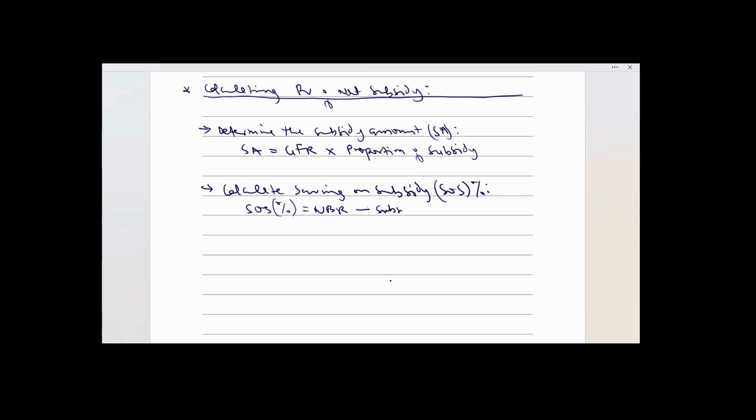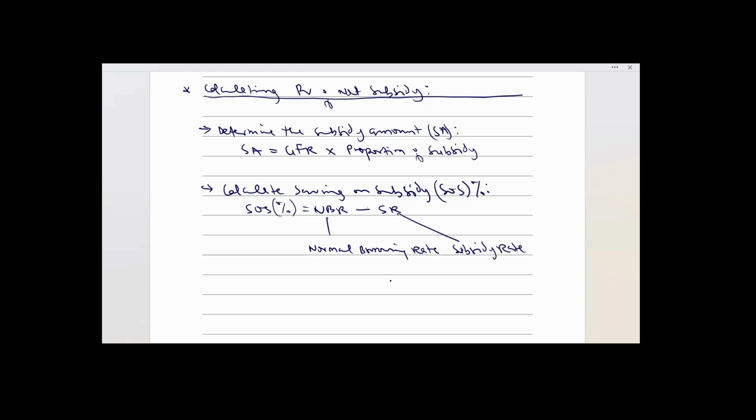Normal borrowing rates minus subsidy rates.